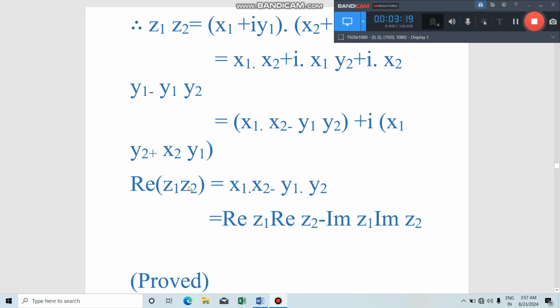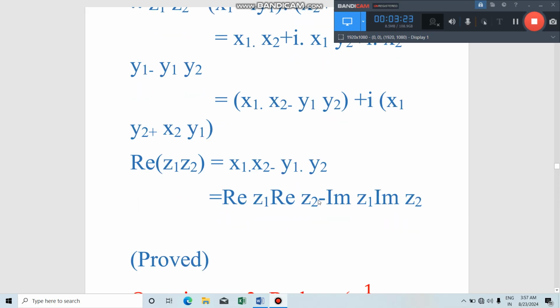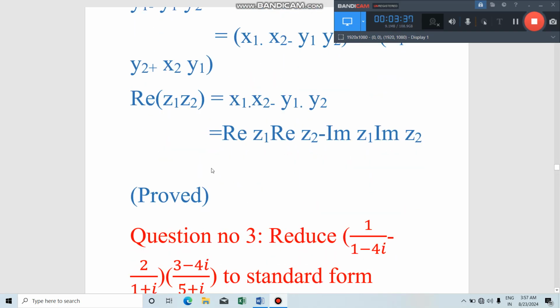So the real part of z1 into z2 equal to x1 into x2 minus y1 into y2, we can write it as: x1 is the real part of z1 and x2 is the real part of z2, minus y1 is the imaginary part of z1 and y2 is the imaginary part of z2. So this is the proof.